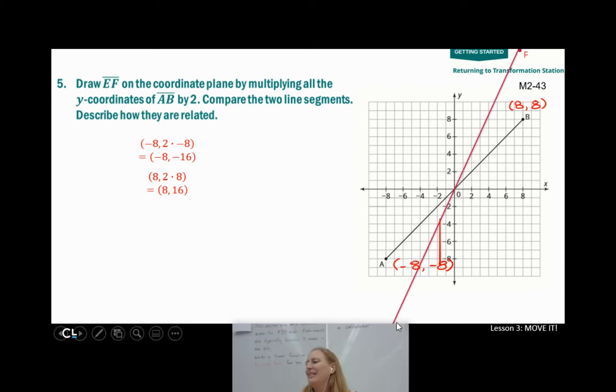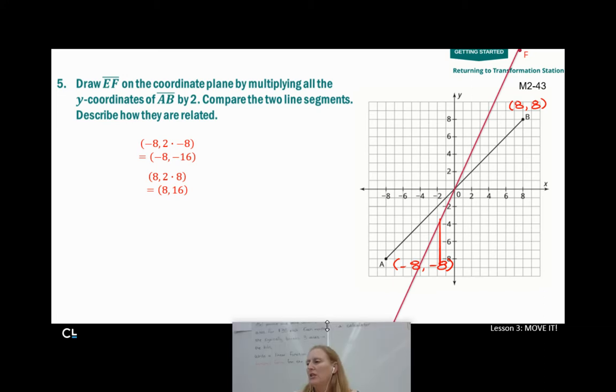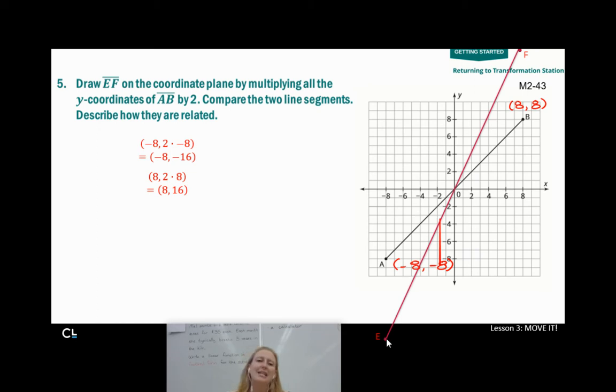So E is down here, and F is way up there. Here, let me scoot over. I might need to shrink myself. There you go. There's E all the way down there. Sorry, I got in the way.